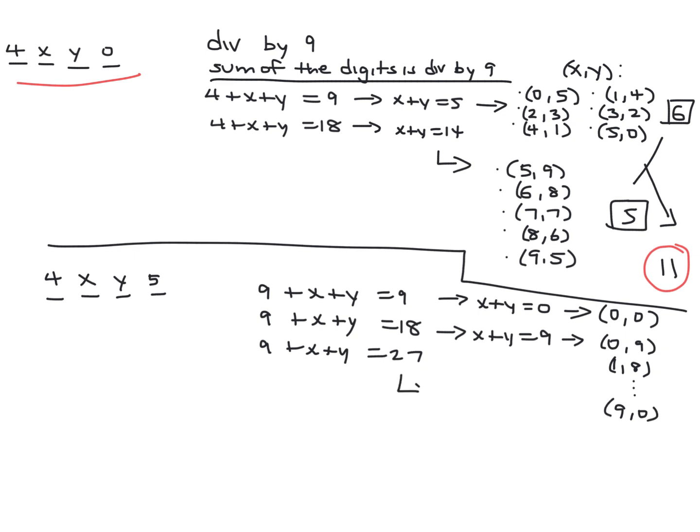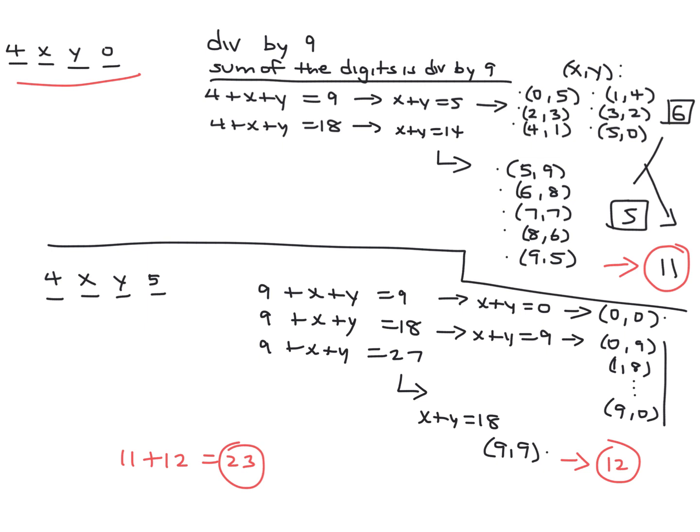And then this one means that x plus y is 18, and the only way to get that is 9, 9. So this is one, that's 10 of those guys, and this is 1. So a total of 12 there. So the grand total is that 11 plus that 12. So 23 different scenarios that meet the criteria of the question.